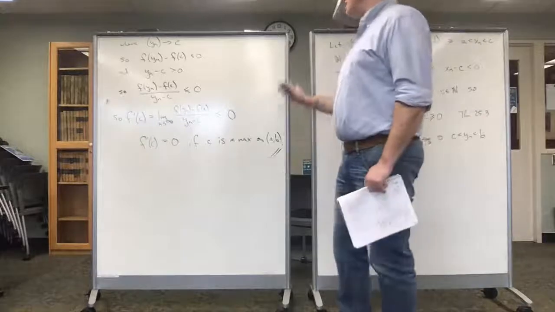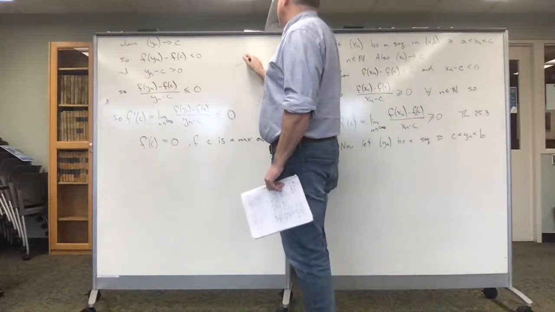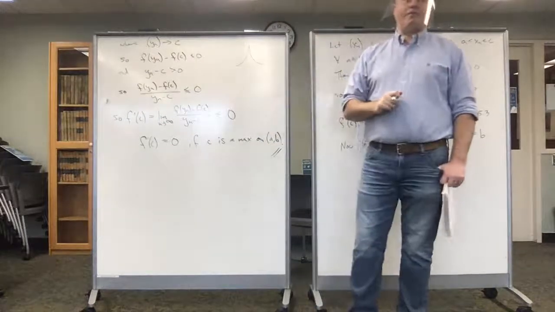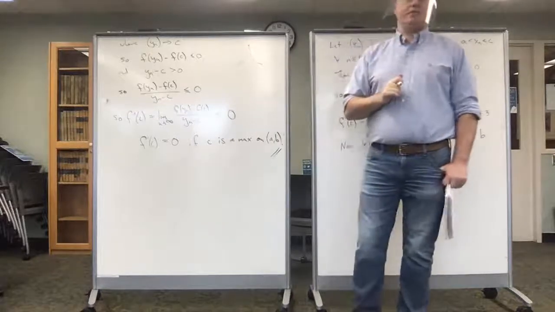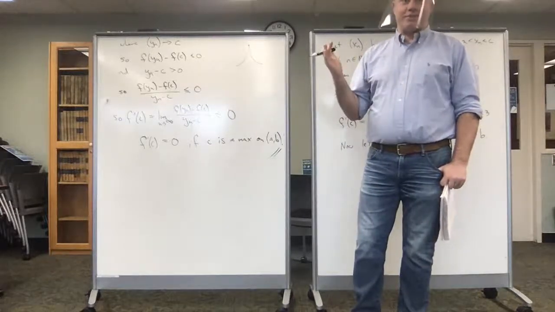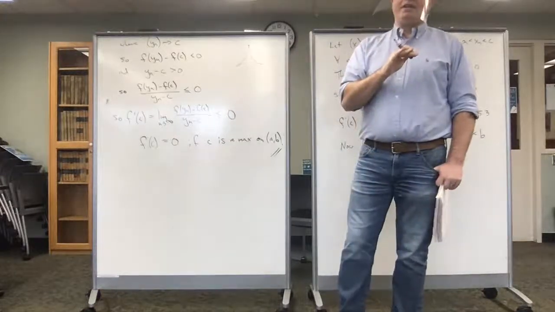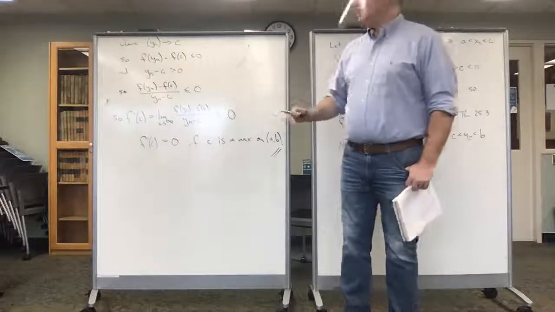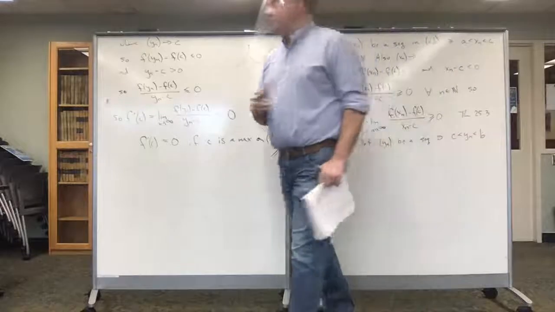There are things that kind of make you question it, like something that doesn't have a derivative of 0 at this point. But what would you say? It's not differentiable. That's right. So if it is differentiable and it is a max or a min, then its derivative has to be 0. If it's not differentiable, then all bets are off. Okay.